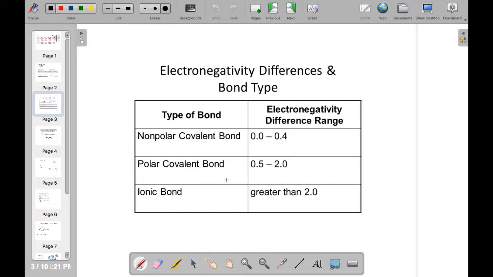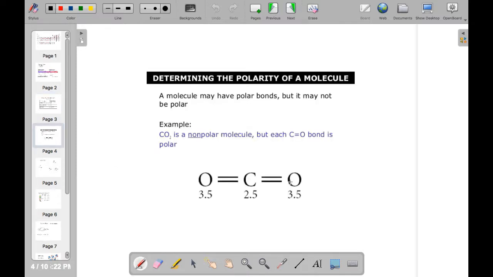More or less in every molecule, if you look at the different elements and you get their electronegativity values from the periodic table or from some sort of chart, and you subtract those electronegativity values, you will come up with a number. That number tells you the likelihood of what type of bond it is, whether it is ionic, polar, or nonpolar. So, for example, let's go ahead and look at CO2.